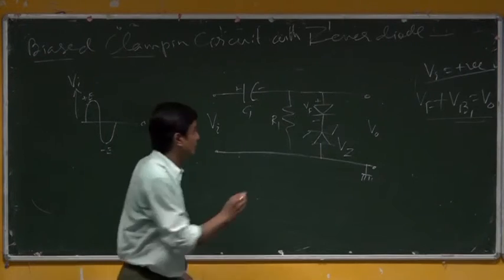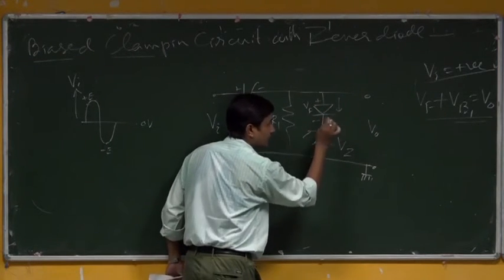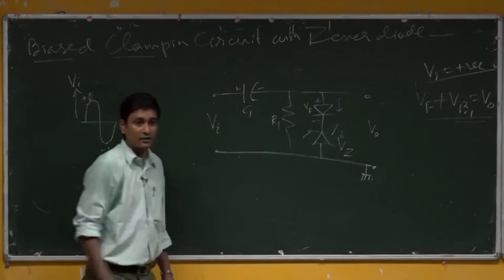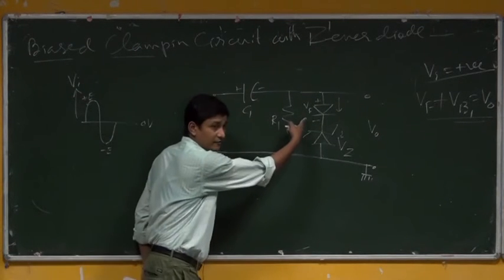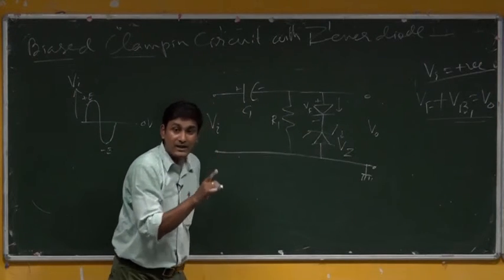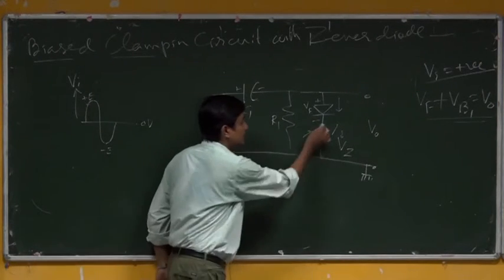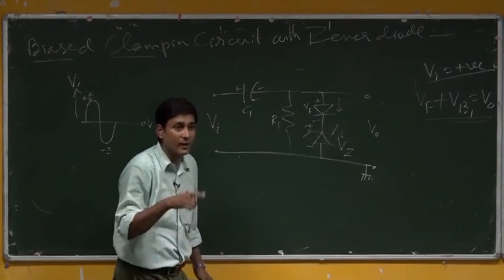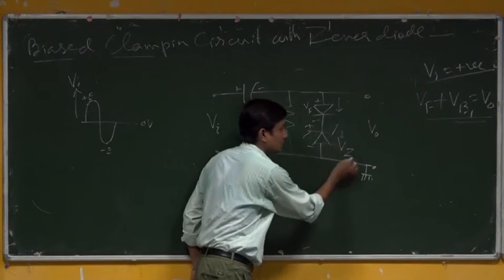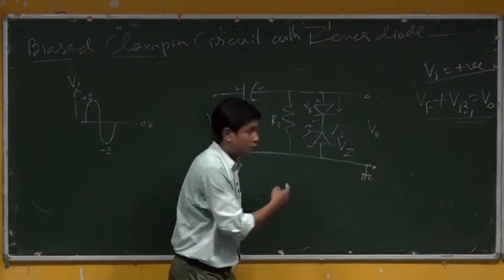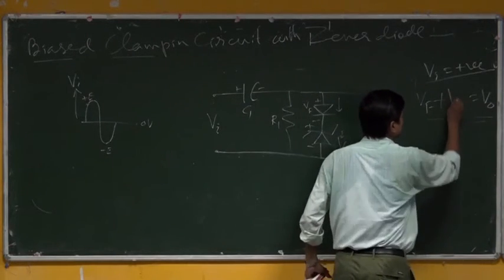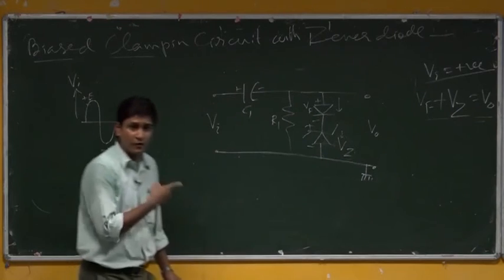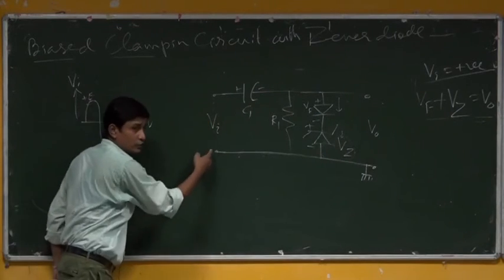So only thing is that I have to consider that if this is conducting and this is also conducting, for that what potential should I apply across it? One is plus Vf, another is plus Vz, so that this become reverse bias with breakdown Vz. So what should be the output value? Vz. For that, what should be the potential at the input?